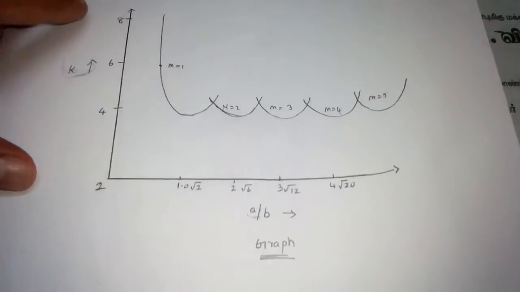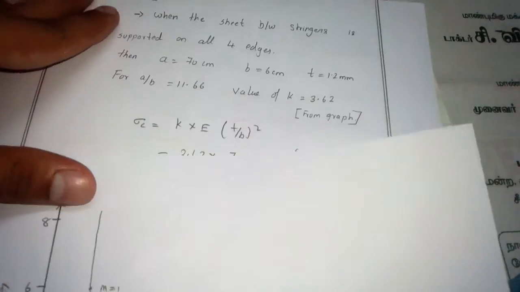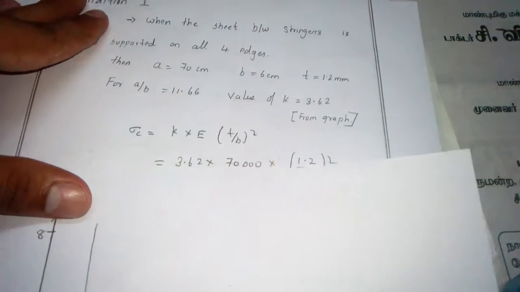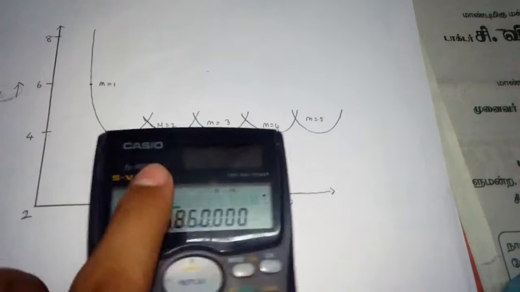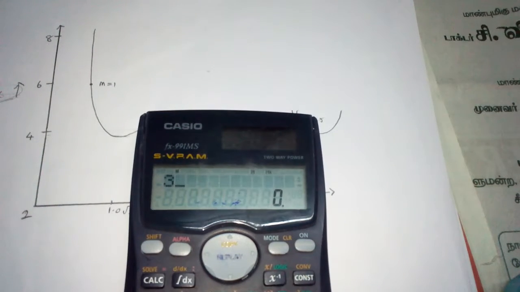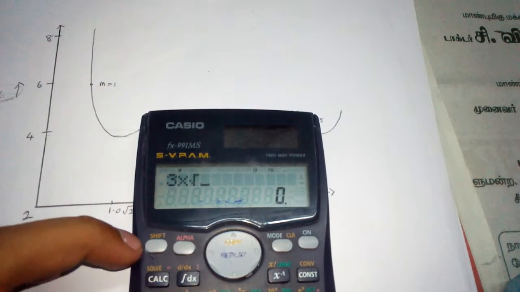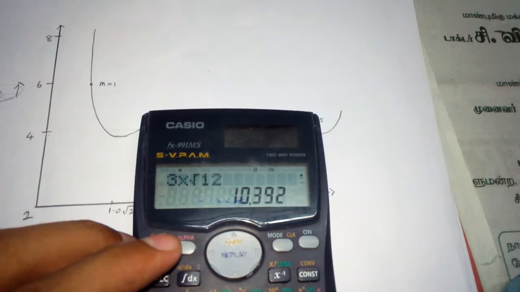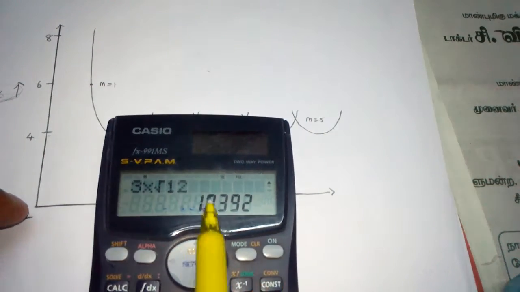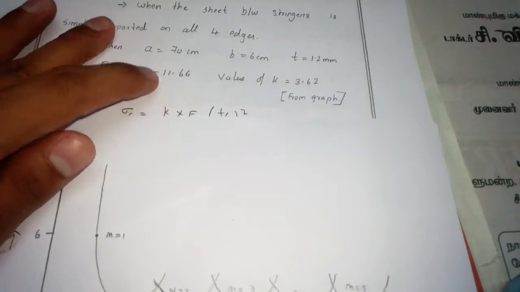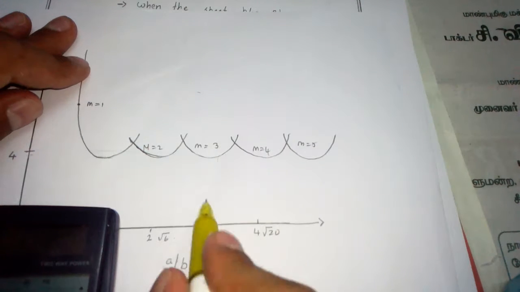So we got 11.66. 3 root 12 is around 10.392, so 11.66 will be around here.